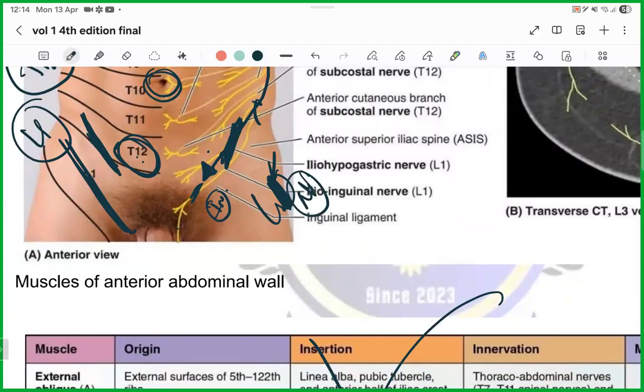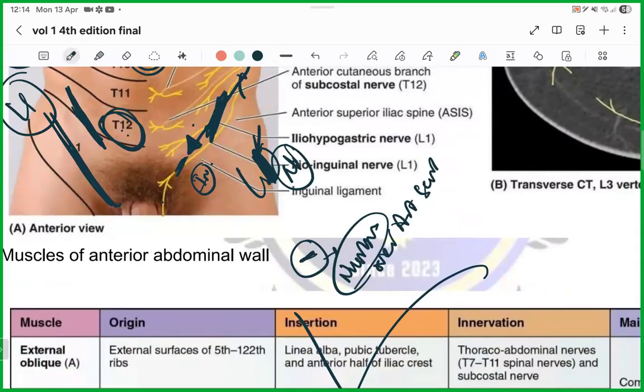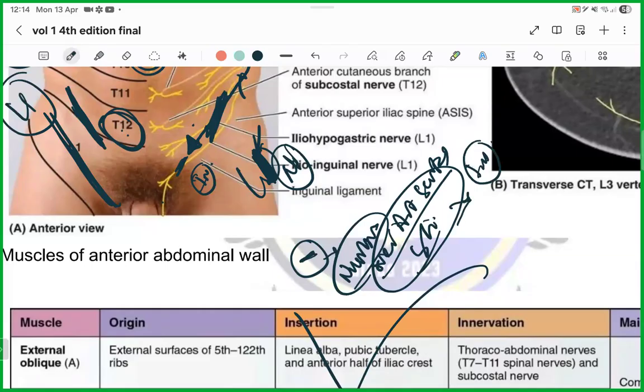They will tell you that a person after appendicectomy is complaining of numbness over anterior scrotal skin. What can be the reason? Ilioinguinal nerve injury. If they ask you a question, they will give you this question only.